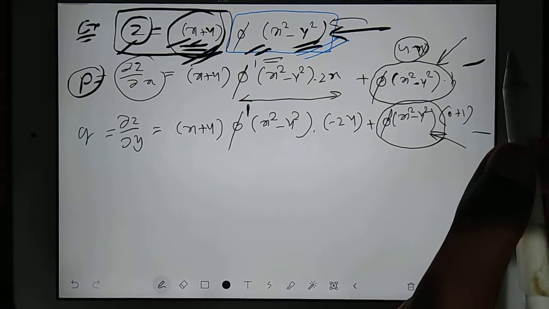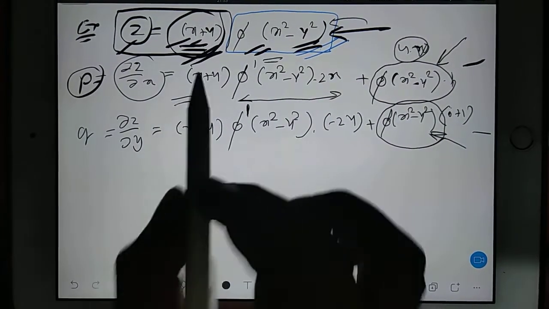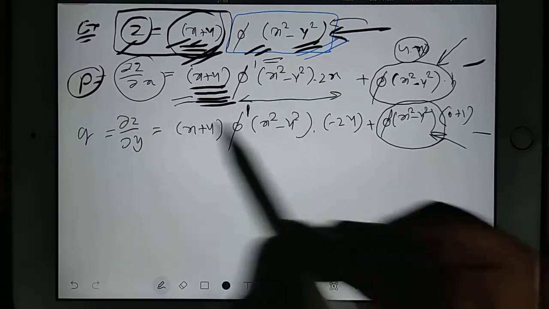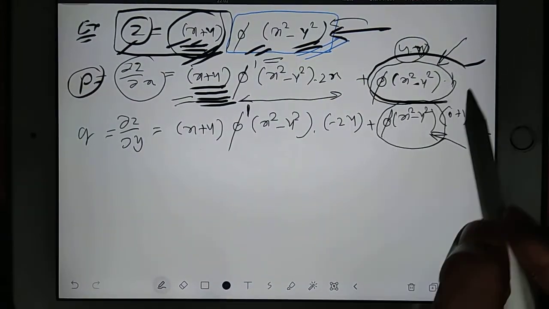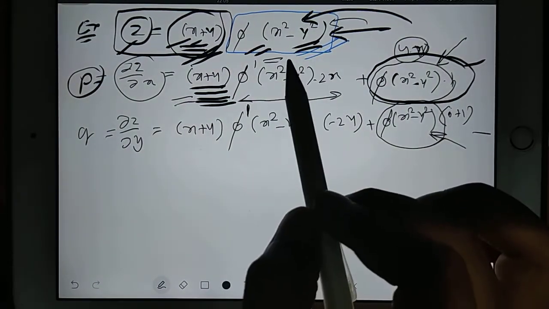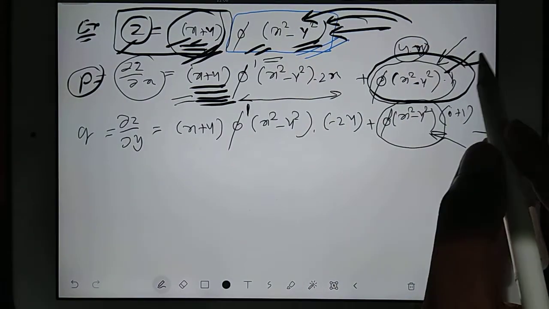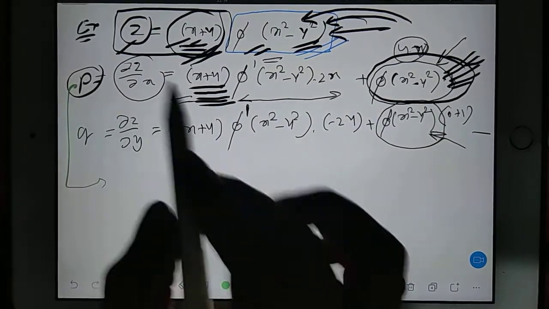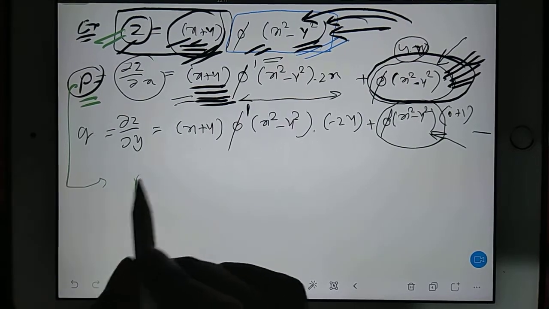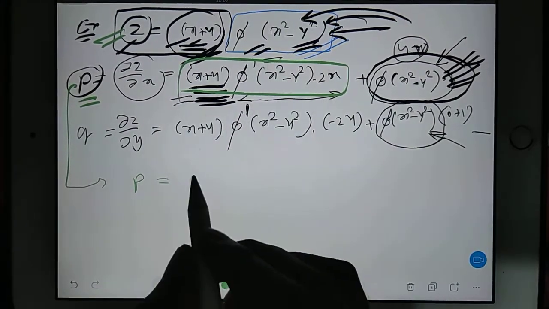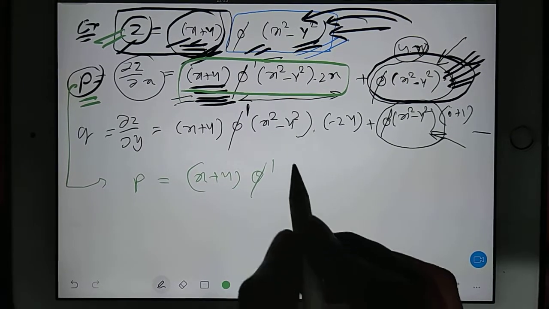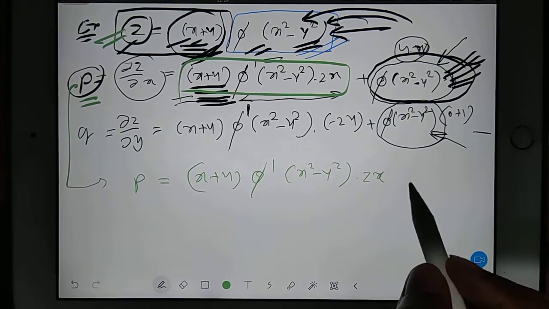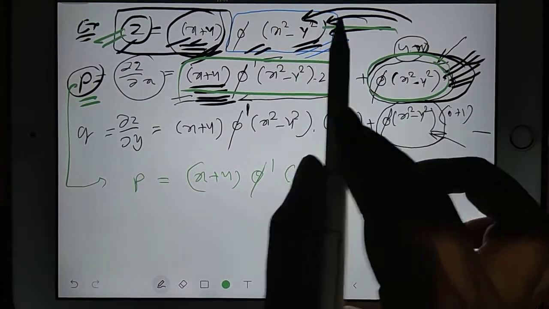So if I use the first equation, then from this equation you see here this total I want to replace. So from the given equation, this total I can write as z by x plus y. No doubt in this. I am using this equation and I am using this equation. So here p is as it is, and this part x plus y phi dash x square minus y square into 2x is as it is. Now here your phi part is coming, right? So that phi I am replacing from the first equation.